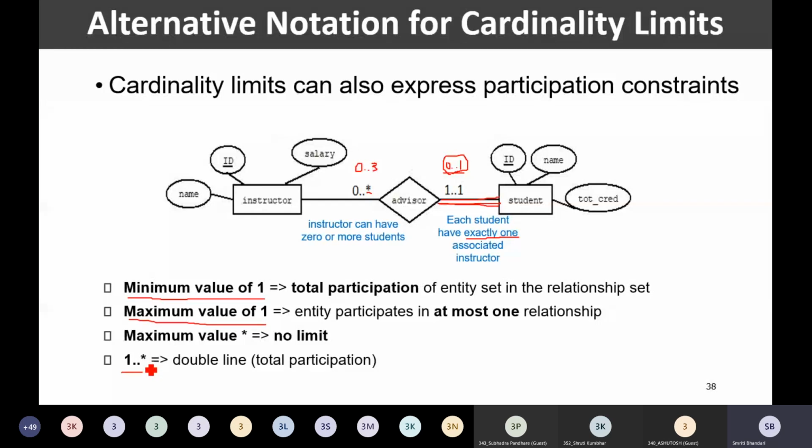So once again, if I have 1 is to star, it will represent a double line, a total participation. Correct? So if the maximum cardinality is star, then definitely, with minimum 1, it is total participation.